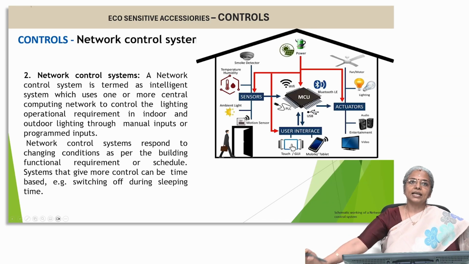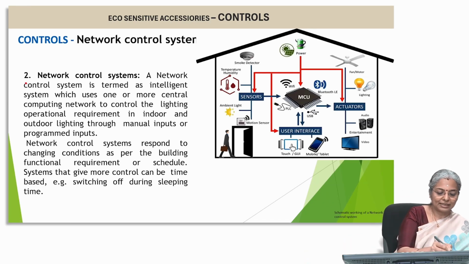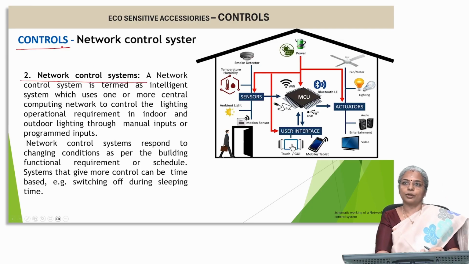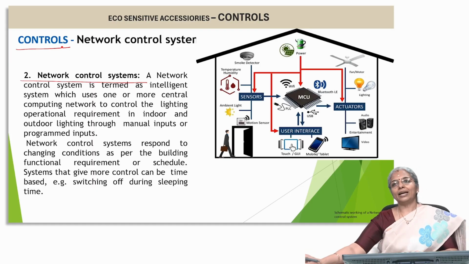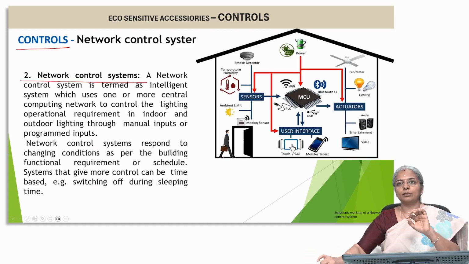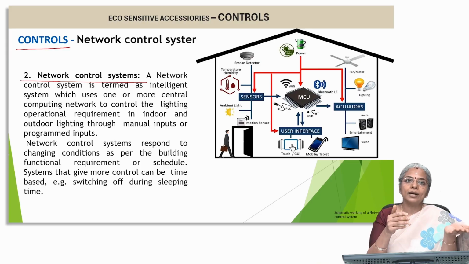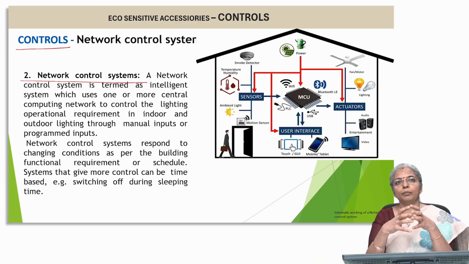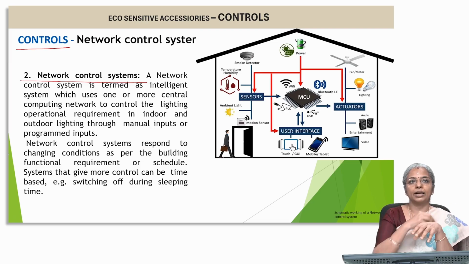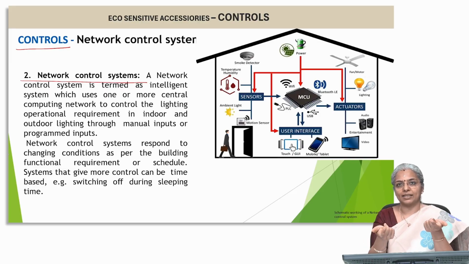Then the next is network control systems. So, the second type of control is network control systems. A network control system is termed as an intelligent system which uses one or more central computing networks to control lighting operational requirements in various places.